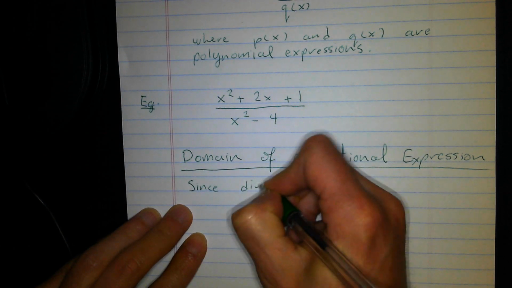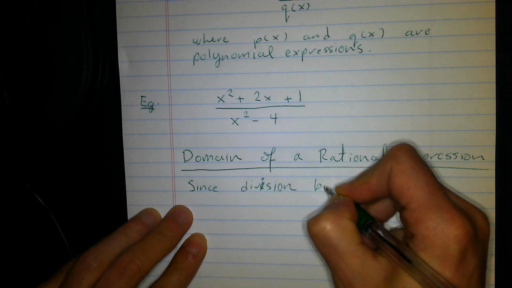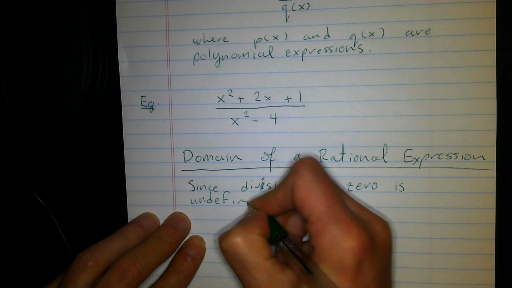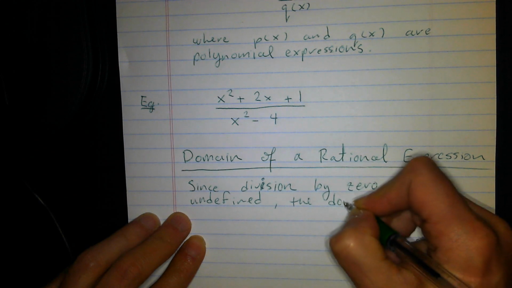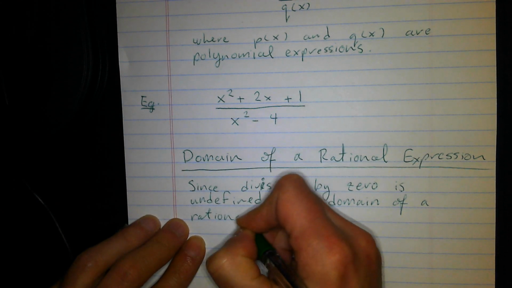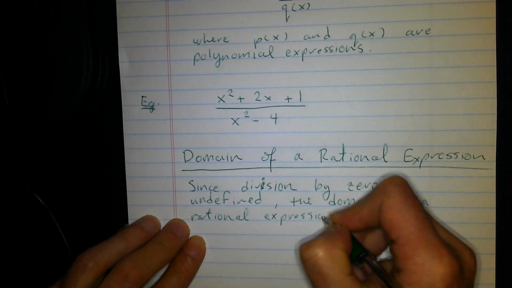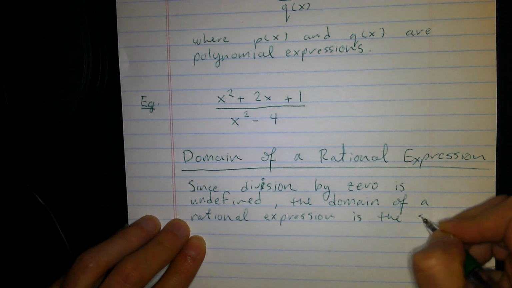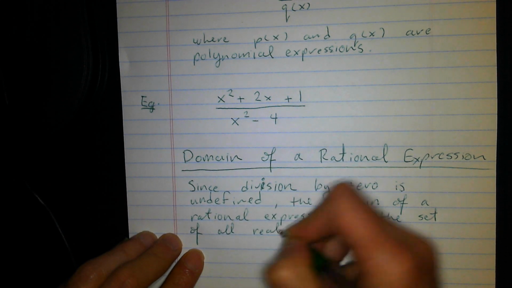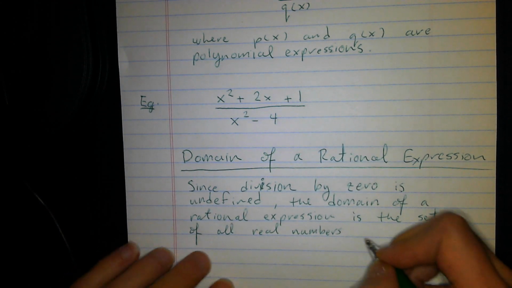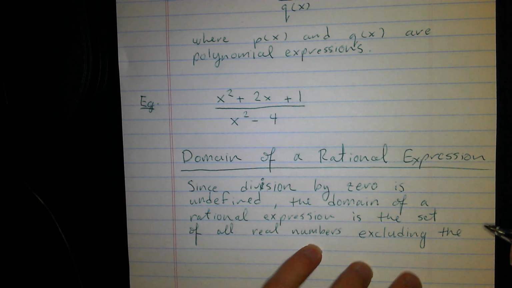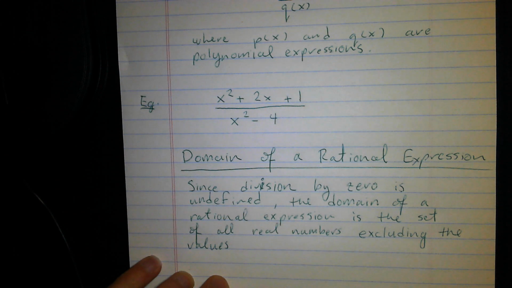Since division by 0 is undefined, the domain of a rational expression is the set of all real numbers excluding the values of x, assuming we have a rational expression in the variable x.